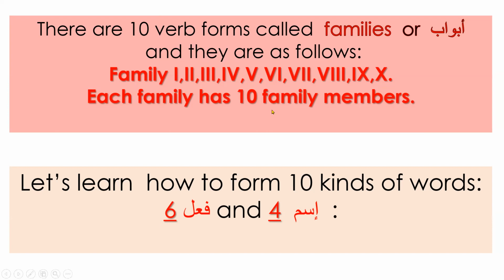So these Roman numbers that you see here, you will not find in the classical books, because there everything is in Arabic, and we use them now for the learning of modern surf. We use them as our indications for the families.